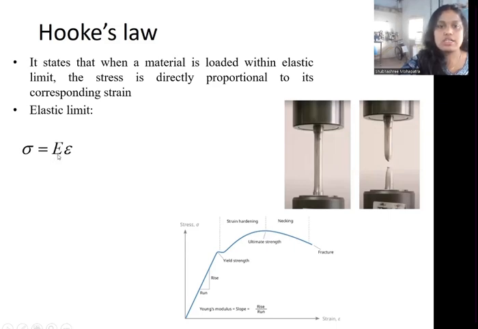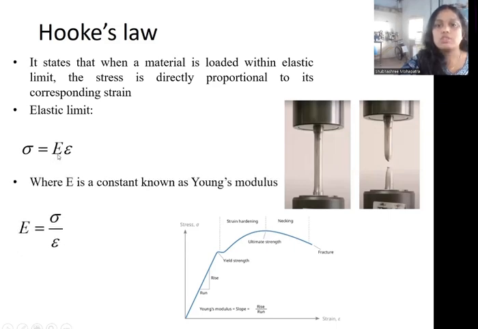This constant is known as Young's modulus or modulus of elasticity. Here you can see the stress is equal to Young's modulus into strain. So Young's modulus or modulus of elasticity is equal to stress divided by strain.